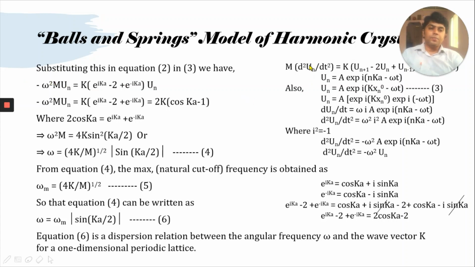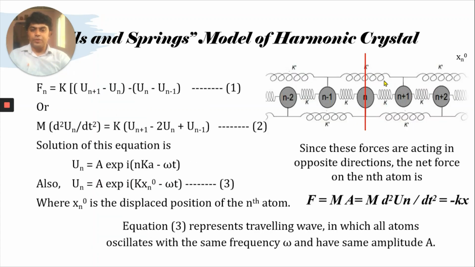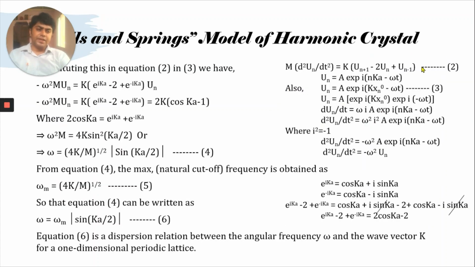Again, let me go back to the part m d square u by dt square equal to k times (u of n plus 1 minus 2un plus un minus 1). That particular part has been taken here.